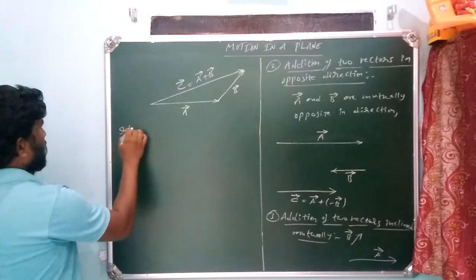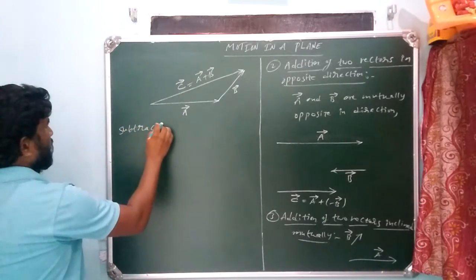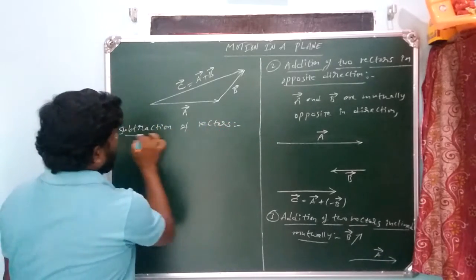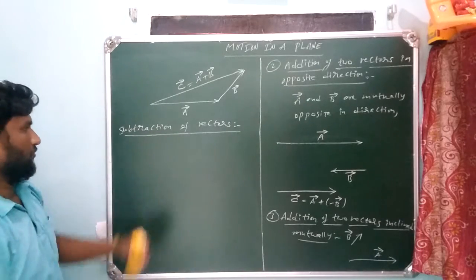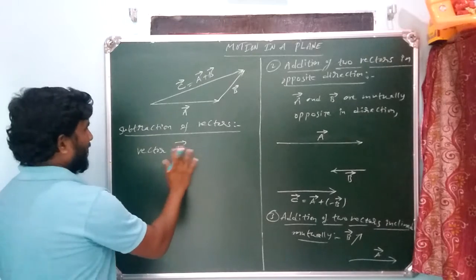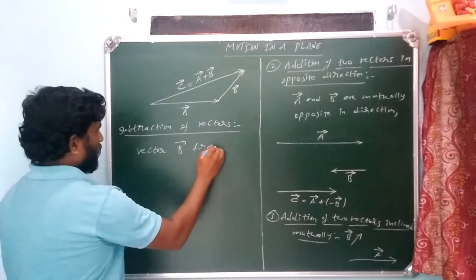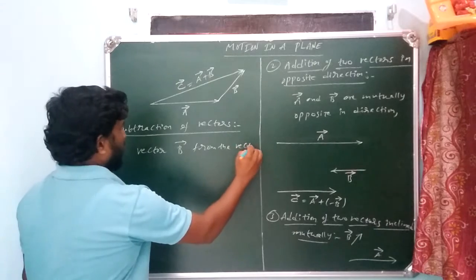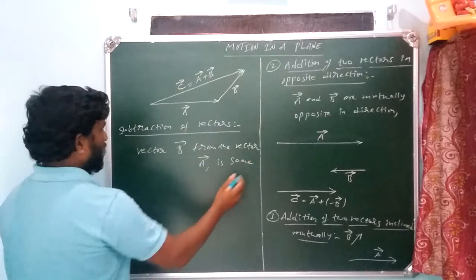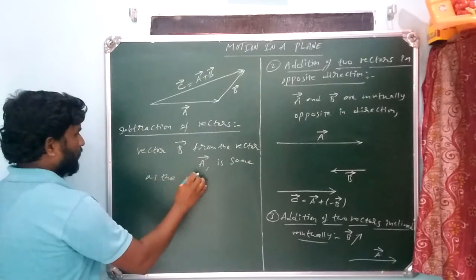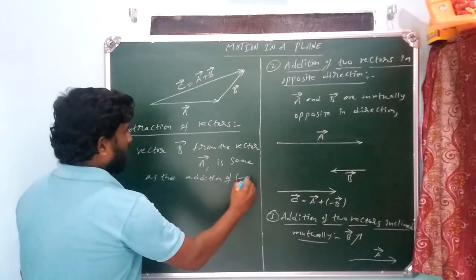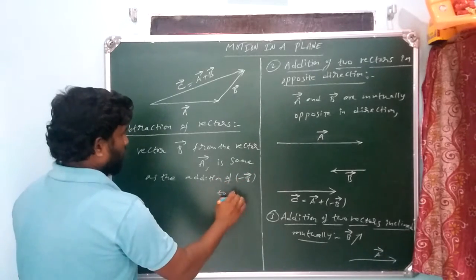Now subtraction of vectors. How can you subtract the vectors? The subtraction of the vector b bar from the vector a bar is the same as the addition of minus b bar to a bar.